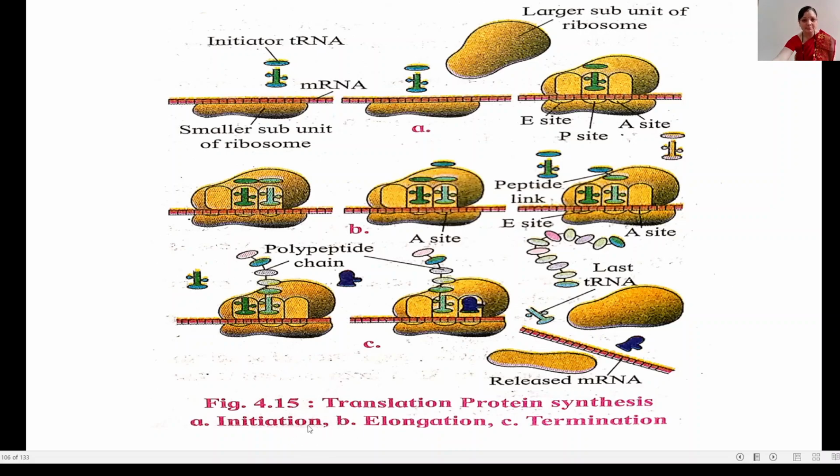The mechanism of translation involves 3 steps: initiation, elongation and termination. So here watch initiation, that is at the 5' end. The initiation process starts, in the elongation process formation of the polypeptide chain occurs, and at the 3' end the termination process takes place. In this way the translation process takes place.